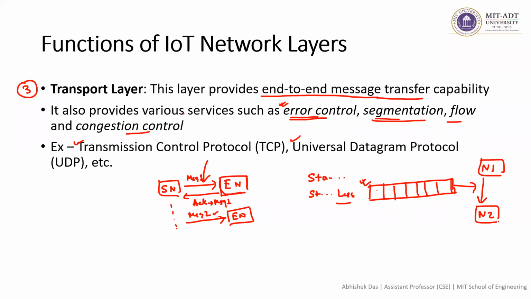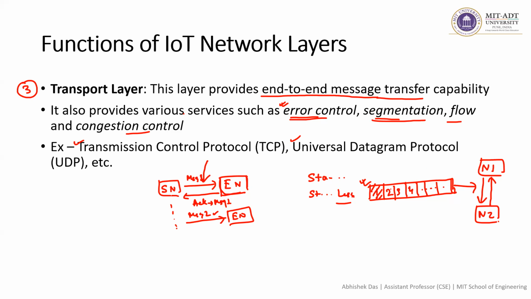Let's say we name the data packets 1, 2, 3, 4, and so on. At a time, only one data packet will be sent by node 1 to node 2. Once node 2 receives data packet 1, it sends an acknowledgement that it has received data packet 1, so send the next data.